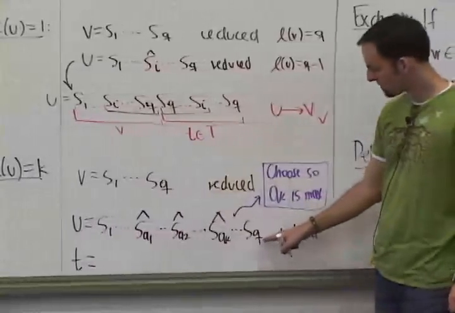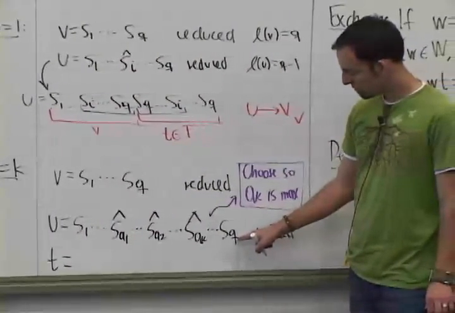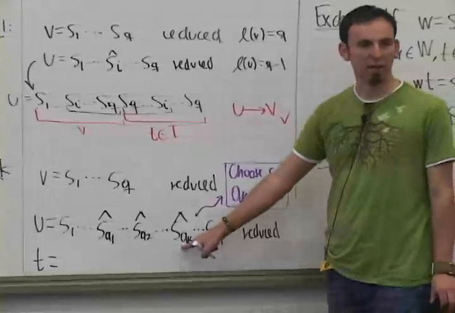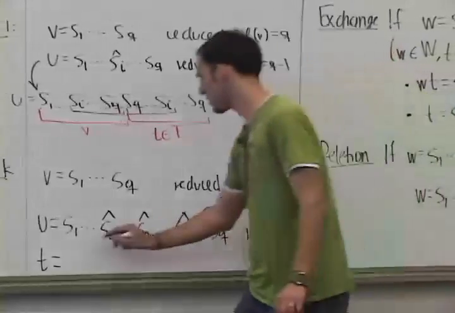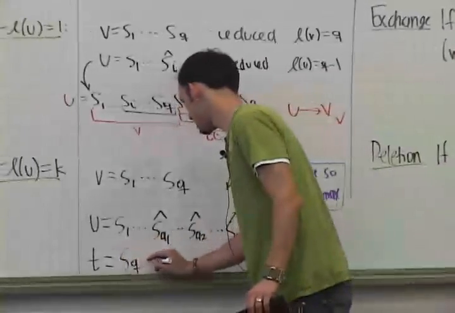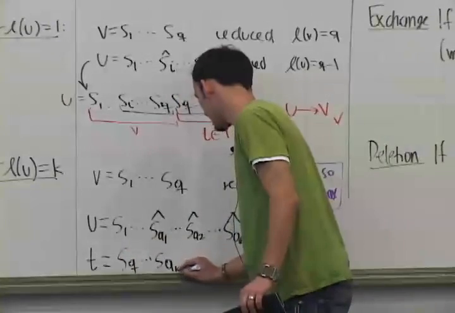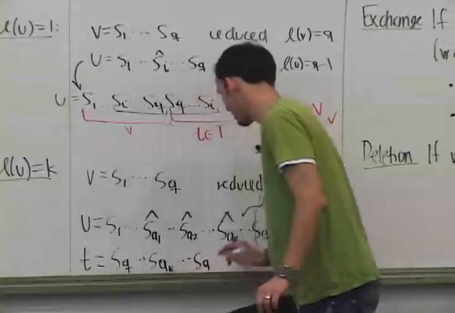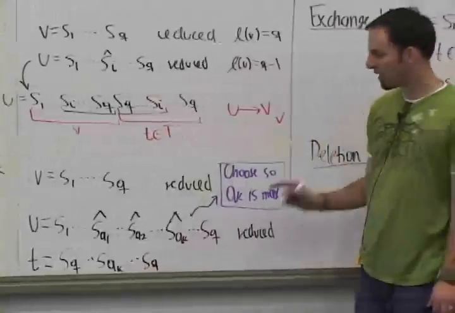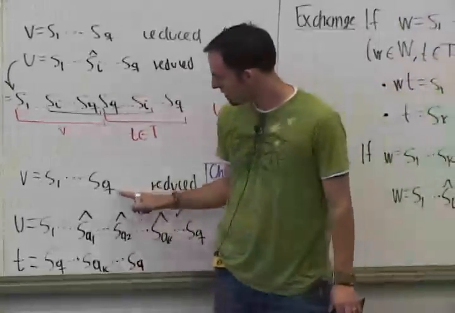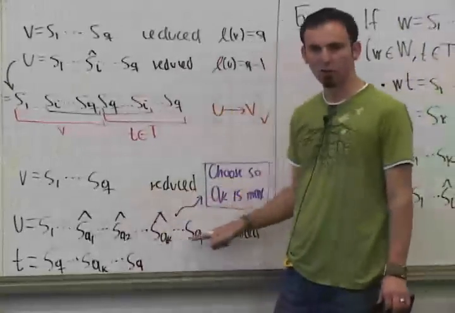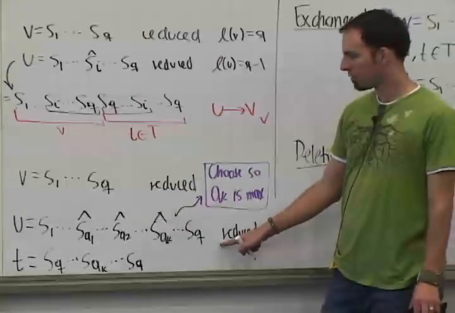So what I want to do is basically I want to put the AK back here. So I want to multiply by SQ dot dot dot S sub AK and up to SQ. So this is a palindromic word. I start with SQ, I go down to AK, and I go up to SQ.